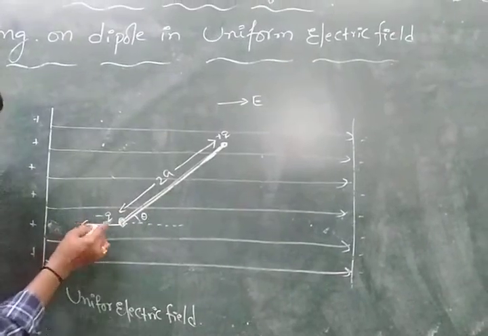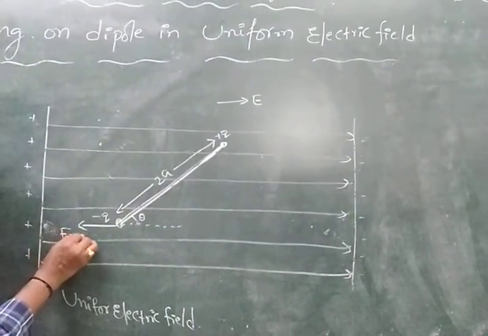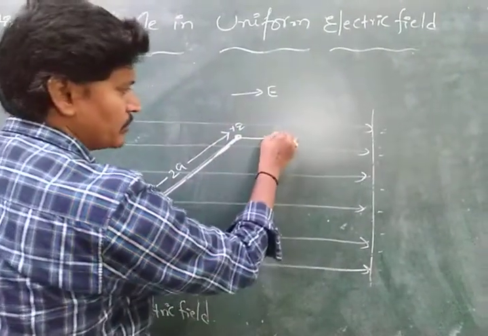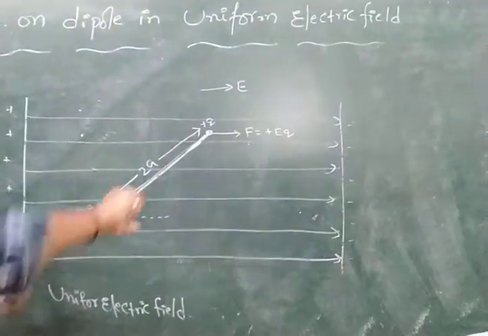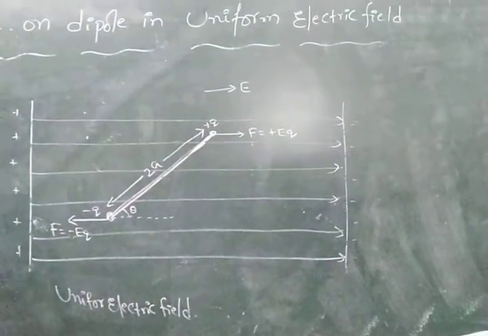The force experienced by this pole is F equal to minus EQ. The force experienced by the other pole is F equal to plus EQ. Due to this, it rotates and comes along the direction of the field.